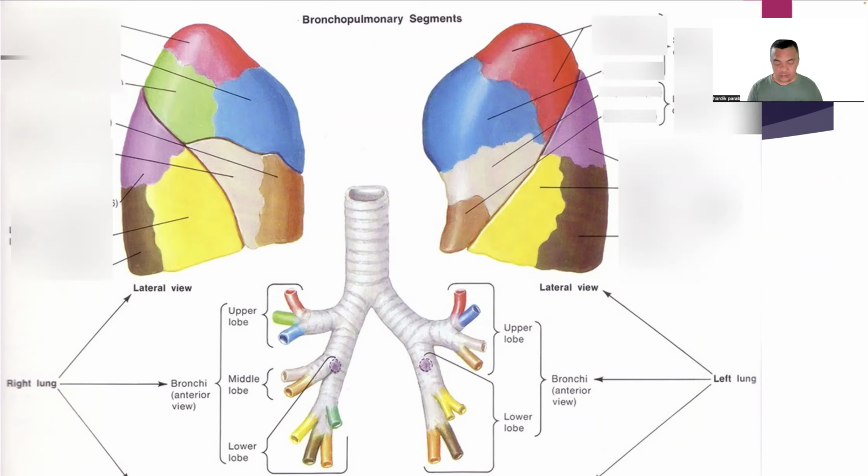Now, what is the definition? It's a well-defined anatomical, functional, and surgical sector of the lung. So it's an anatomical structure. It's a functional structure. The gas exchange happens in each of the bronchopulmonary segments, each of the 10 on the right side and 10 on the left side. That's why it is called a functional unit.